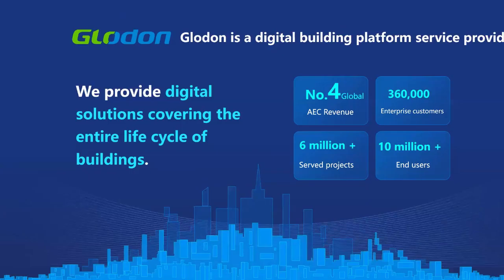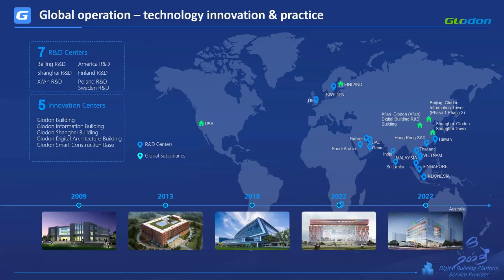And what is Glodon? We are the number 4 construction software provider in the world. Okay, so we have more than 360,000 enterprise customers. We completed 6 million projects. We have 10 million end users. This is a very big company.